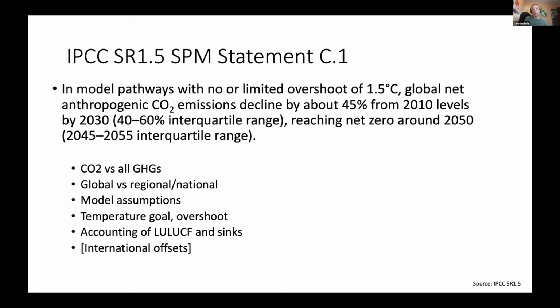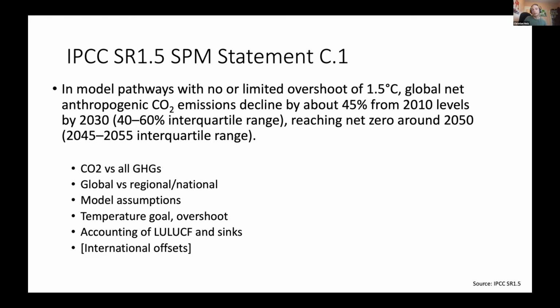So the world reducing emissions by 45% from 2010 levels by 2030 doesn't mean that every country is doing the same, right? There will be some countries and some sectors that do more earlier, so that other countries and other sectors can do less later. And the same is true with the net zero.